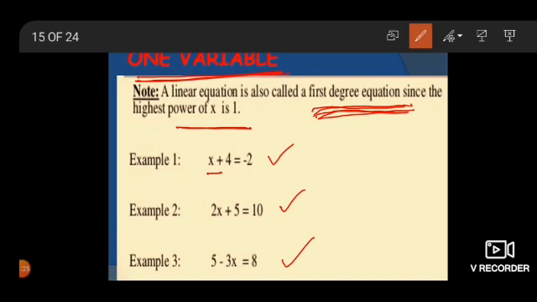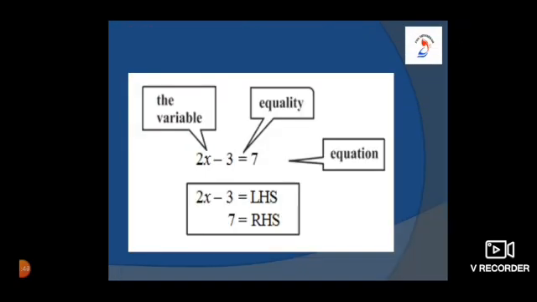So the highest power should be only 1. Suppose I give you another example, say x square, then it cannot be a linear equation in one variable because the highest power will be 2. So a linear equation in one variable means the highest power of the variable should be only 1. I think you are now clear with what is a linear equation in one variable.